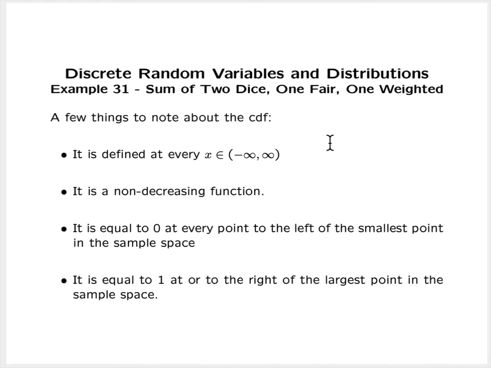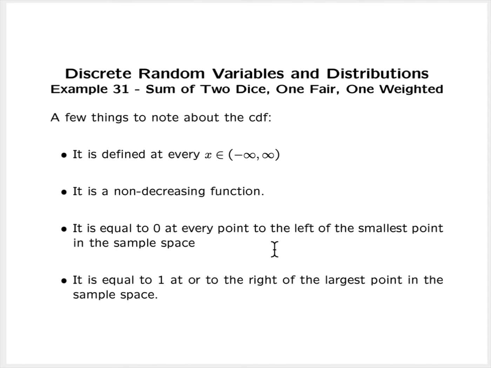Well, before we look at the graph, let's just point out that the CDF, the way that we've specified it, is defined at every real number, which it needs to be. It is a non-decreasing function, right? It's either increasing or staying constant, but as we go to the right, as x increases, it never goes down. It is equal to 0 at every point to the left of the smallest point in the sample space, which was 2, right?